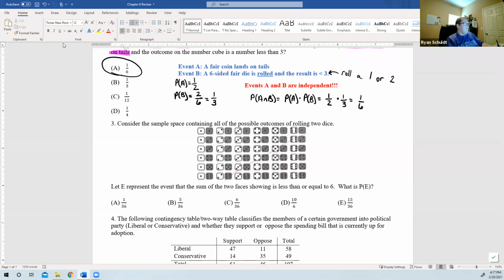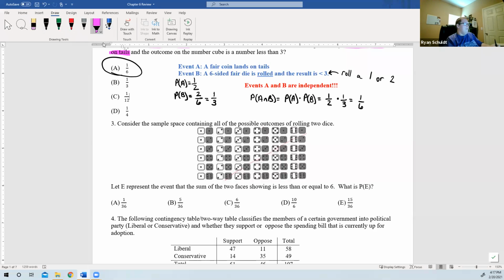Okay, so I'm going to highlight that. E represents the event that the sum of the 2 faces shown is less than or equal to 6. What's the probability of E?